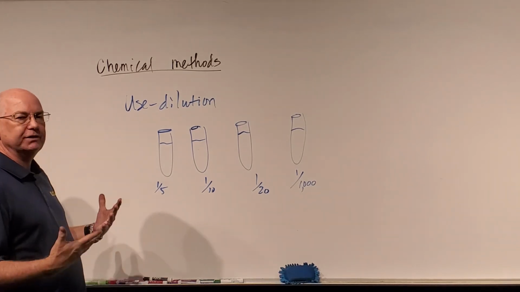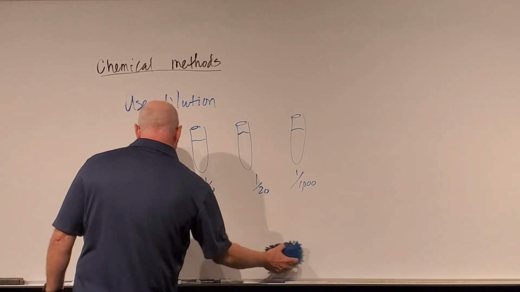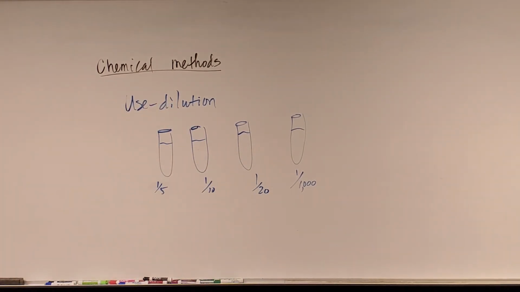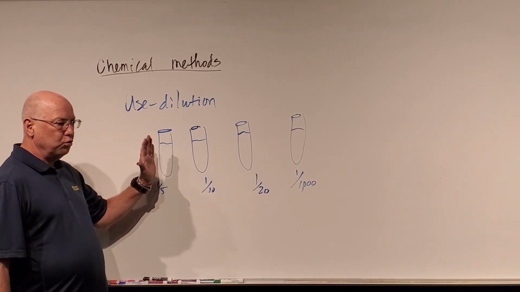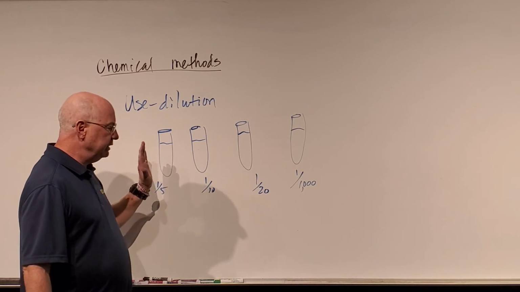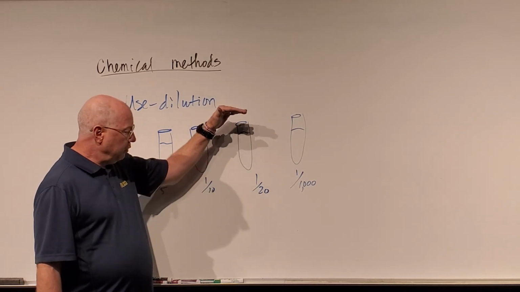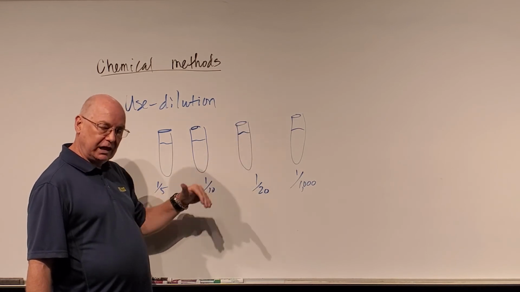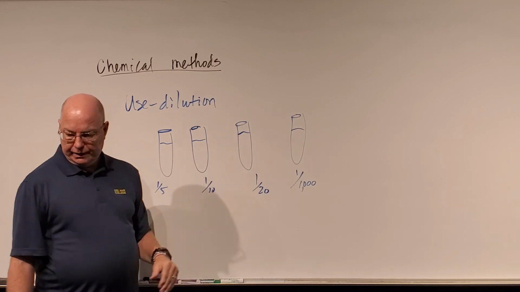And so all these different tests are how we determine the effectiveness of the chemical methods that we're talking about. Now, one of the things I can tell you is when we talk about the use dilution test, what we want to find is the highest concentration or the lowest dilution factor at which the fluid remains clear, or not turbid, when we inoculate it.